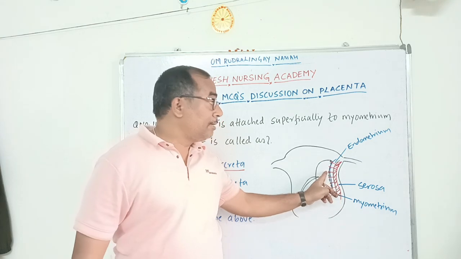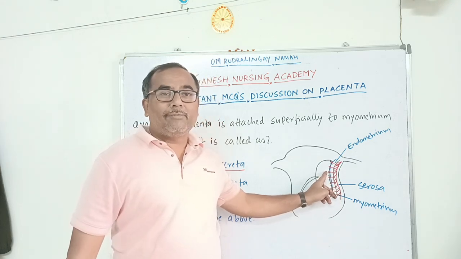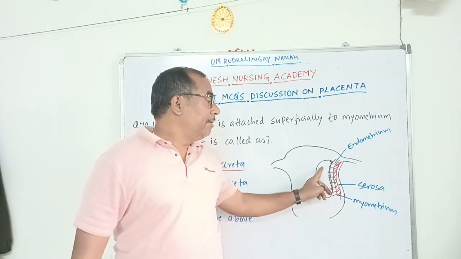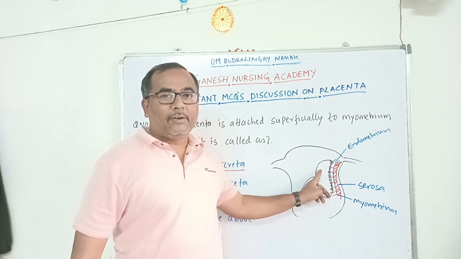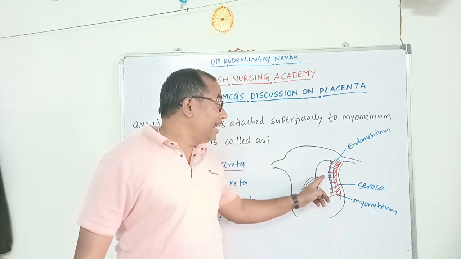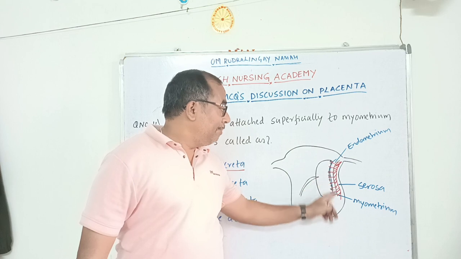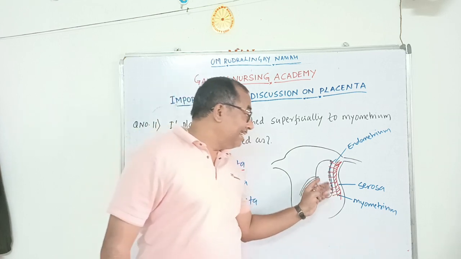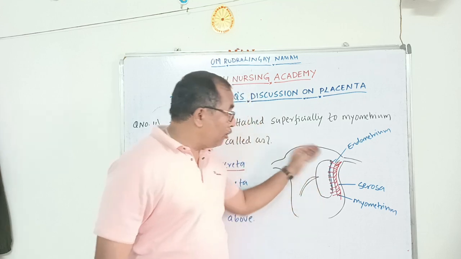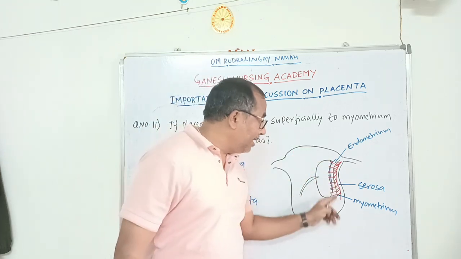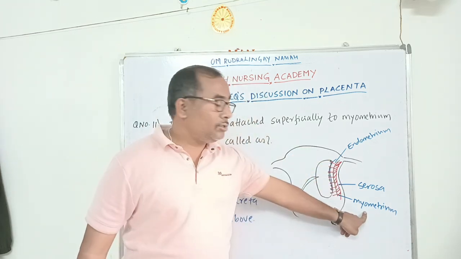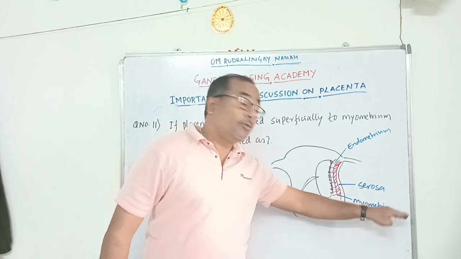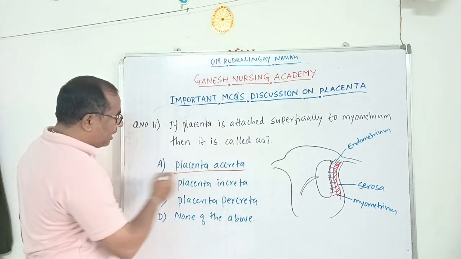The placenta is supposed to attach to the deciduum of the uterus, that is the endometrium of the pregnant uterus. But when the placenta crosses the endometrium and attaches to the superficial layer of the myometrium, it is known as placenta accreta.